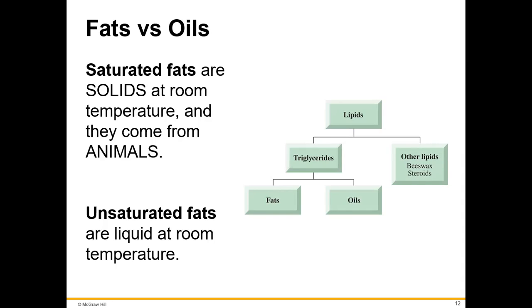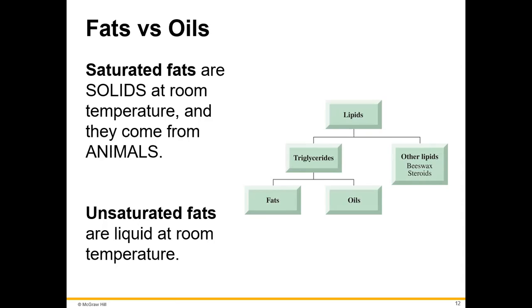When you store your fat in your body, or when you're talking about any other animal, they're storing it as saturated fats. And they are solid at room temperature, whereas unsaturated fats are liquids at room temperature. So that's important. We don't store our fats as unsaturated fats. Those would be liquids at room temperature.